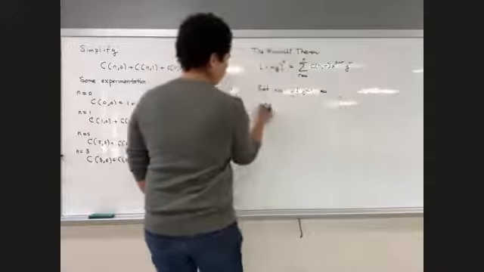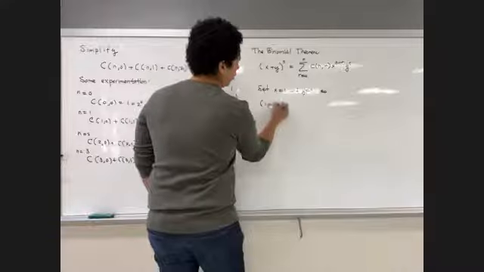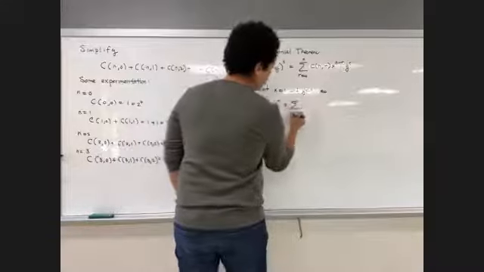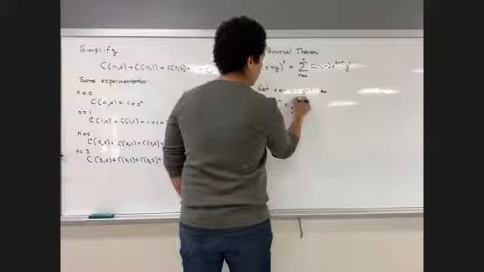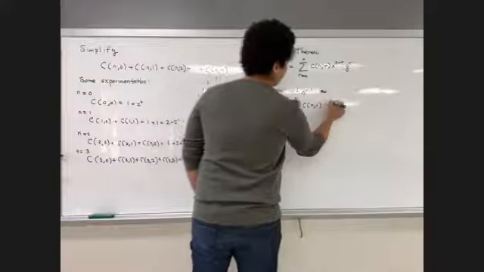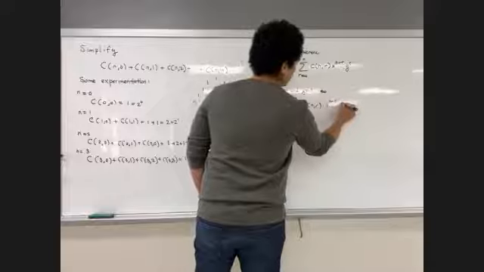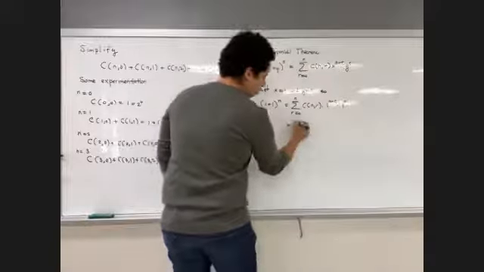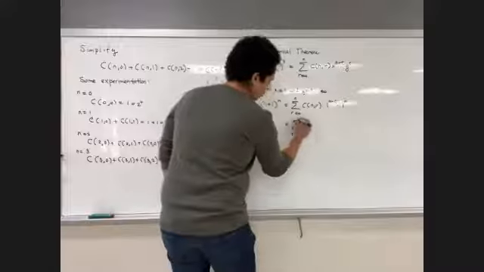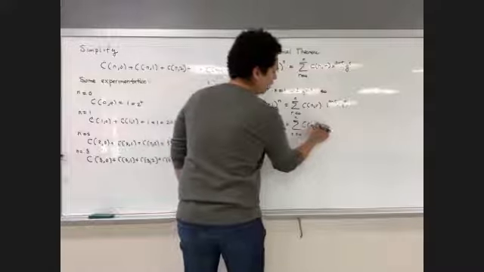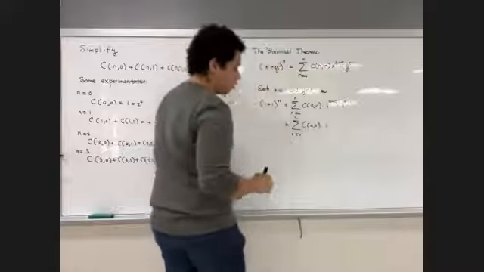So (1 plus 1) to the power of n is nothing else but the sum ranging from 0 up to n of C(n,r) times 1 to the power of n minus r times 1 to the power of r. Simplifying this expression, it becomes the sum ranging from 0 to n of C(n,r) times 1.